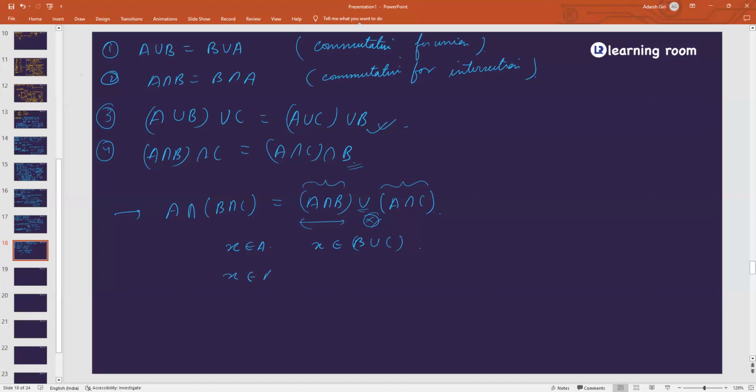That means X belongs to A, and X belongs to B or X belongs to C. If I'm writing union, union means or, and intersection means and, right? Agree, everyone? So it is X belongs to A and X belongs to B or X belongs to C.